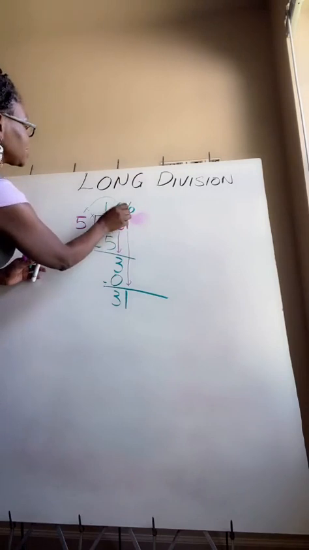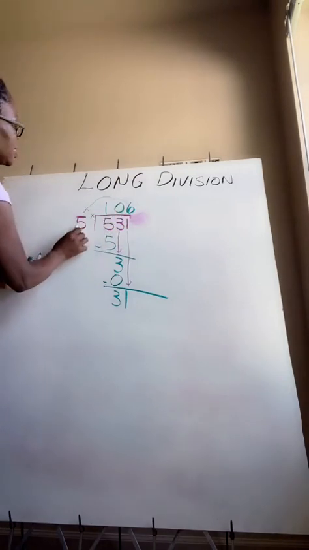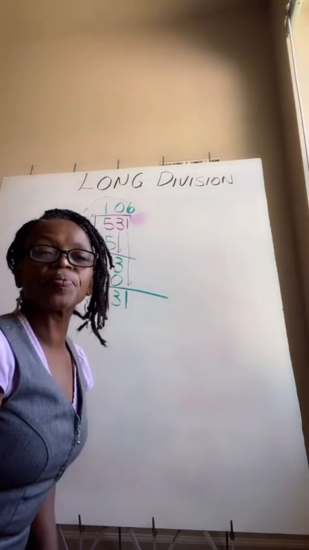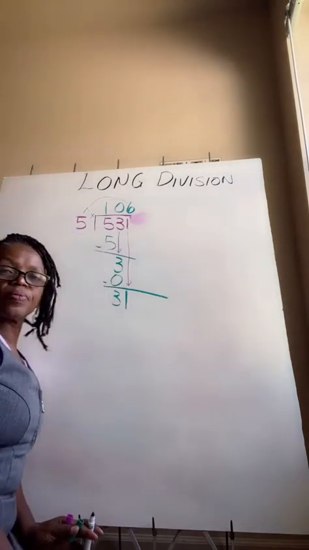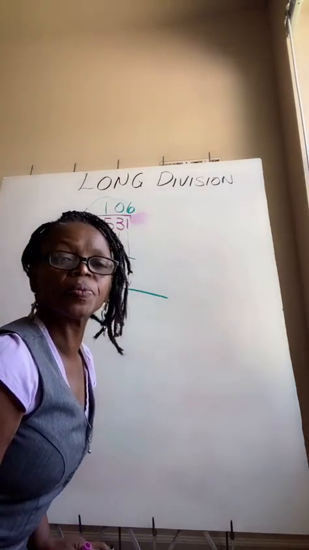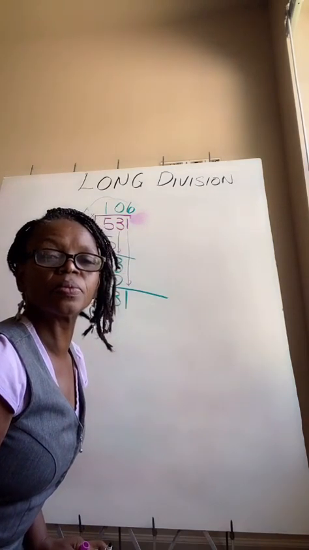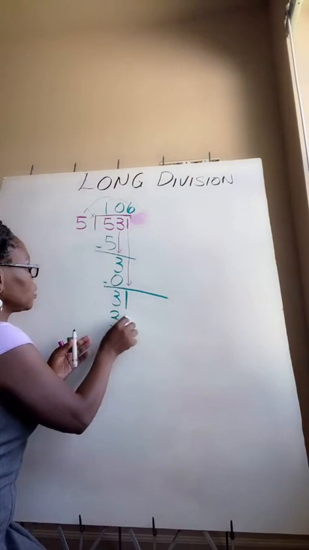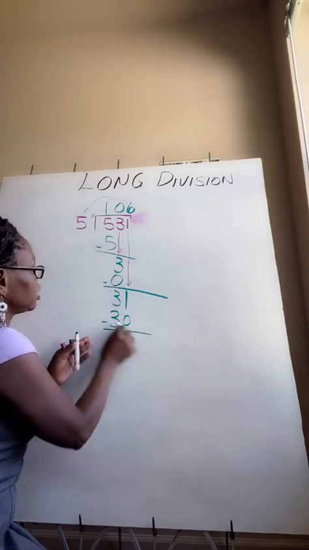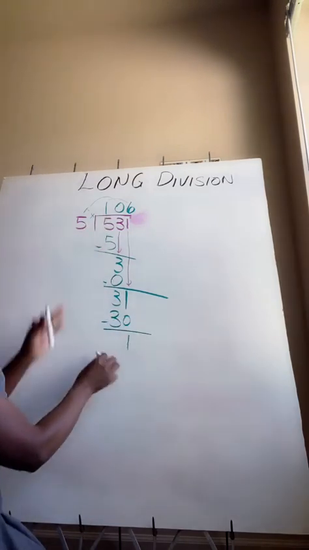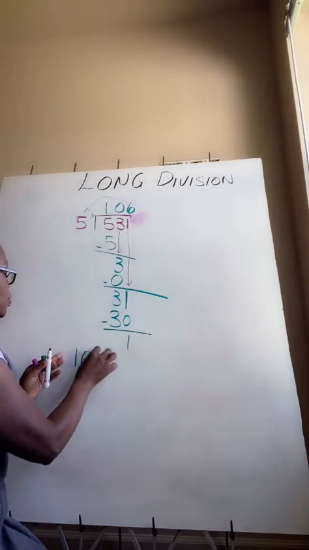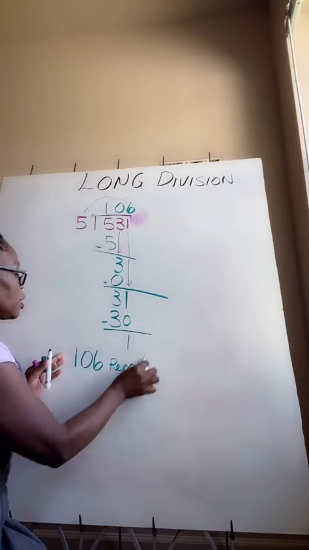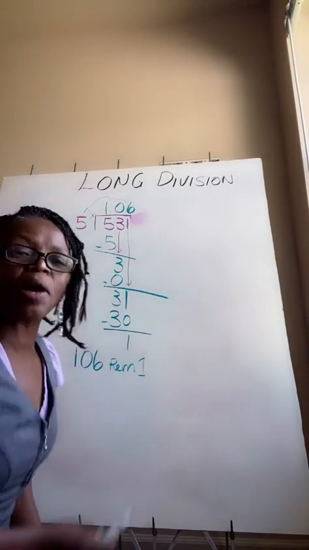And what's 6 times 5? 6 times 5 is 30. And it leaves 1. So our answer is 106 remainder 1.